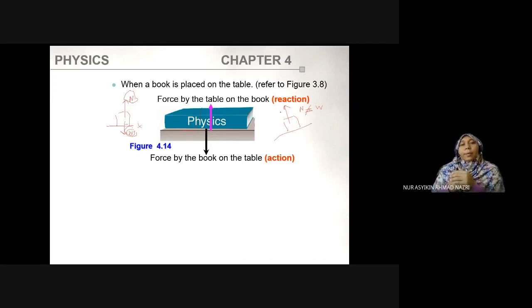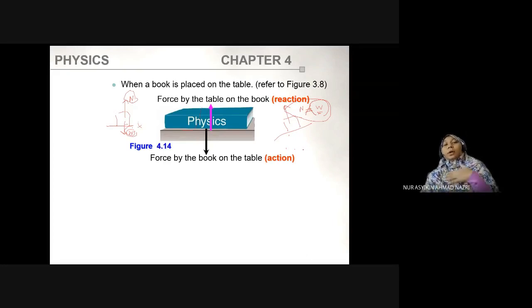Okay, but unfortunately, the value, some of the cases, the value of normal is not the same with your weight. That's why normal and weight is not reaction and action pairs.